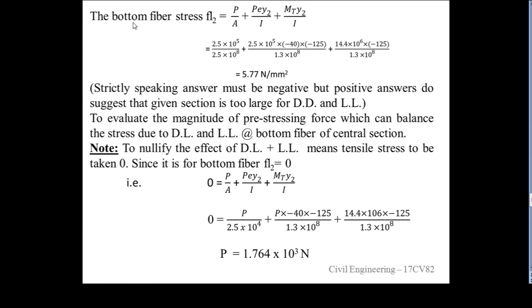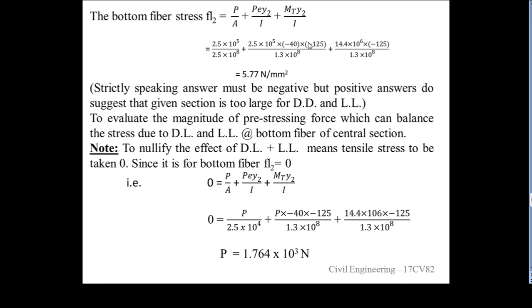Then coming to the bottom fiber stress, FL2 is equal to P by A plus PEY2 divided by I plus MTY2 divided by I, equal to 2.5 into 10 raised to 5 divided by 2.5 into 10 raised to 4, plus 2.5 into 10 raised to 5 into minus 40 into minus 125.